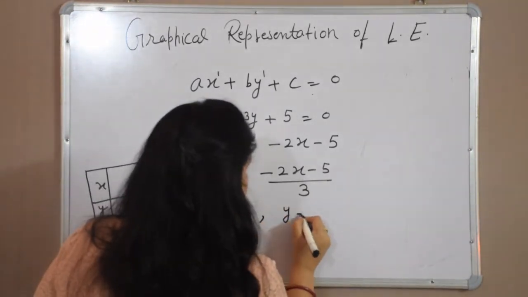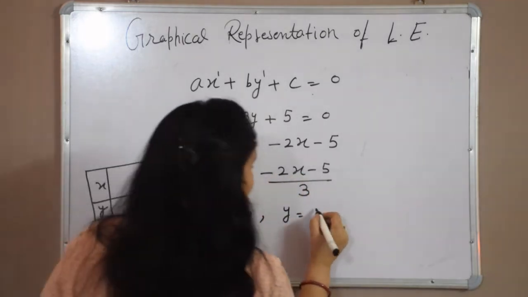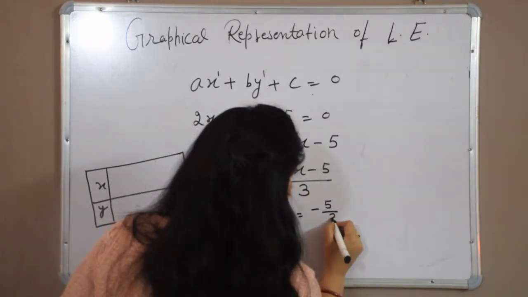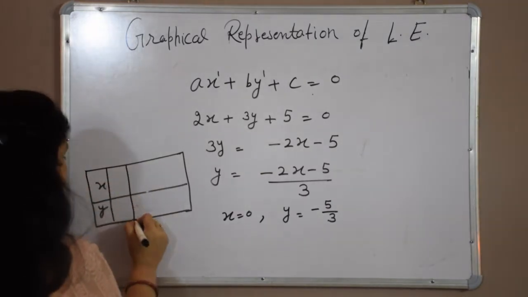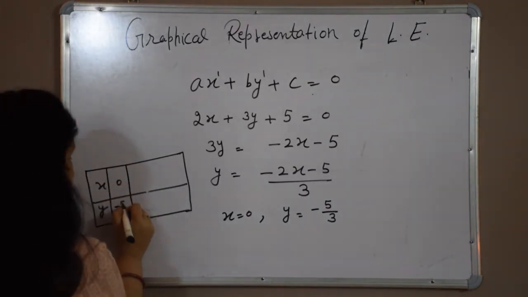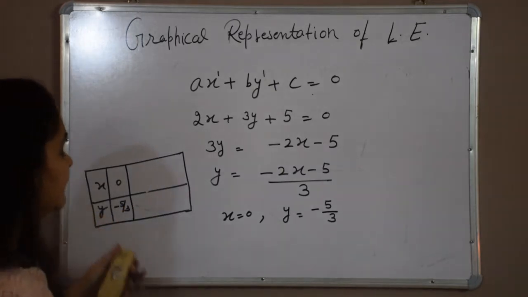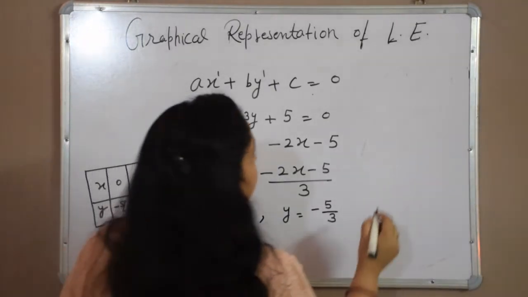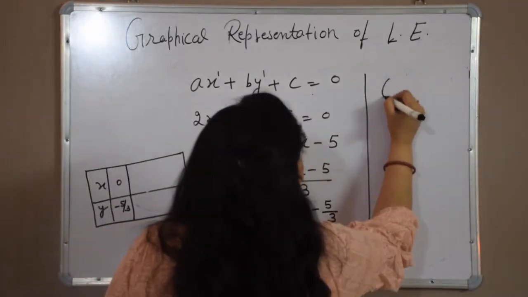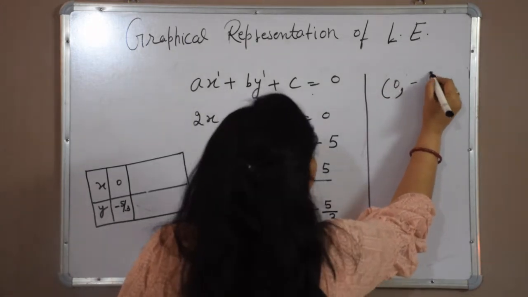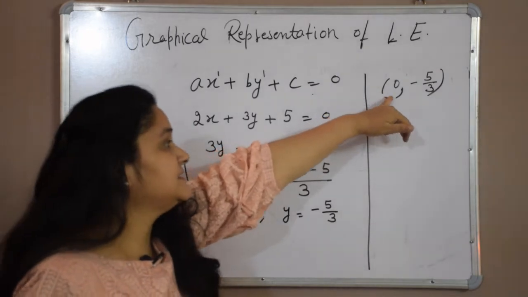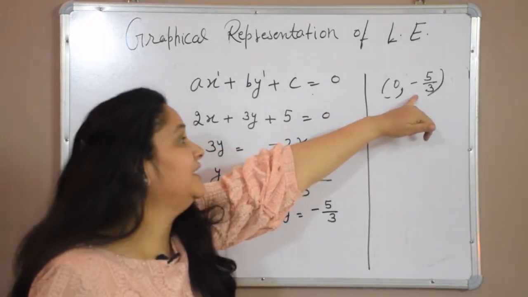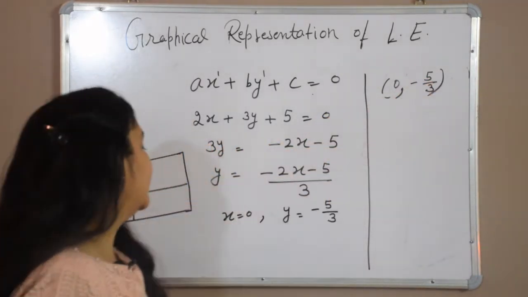Accordingly, y is equal to, this portion will be 0 and y will be minus 5 by 3. So the solution is x is equal to 0 and y is minus 5 by 3, and it becomes an ordered pair: 0 comma minus 5 by 3, because whenever we take x as 0, it will always give the value of y as minus 5 by 3.